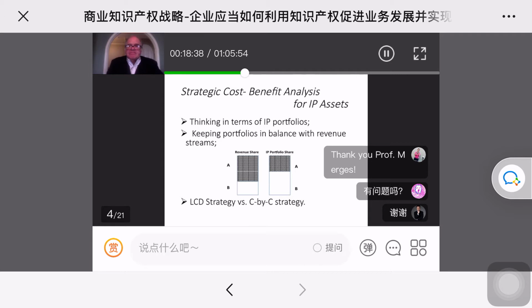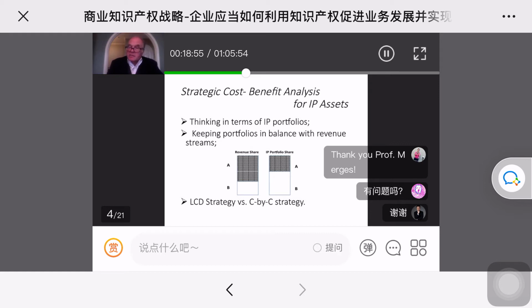I can give you a very simple example of how to think about IP portfolios and a simple strategic analysis that a lot of companies undertake, and that is fairly, I think, straightforward.